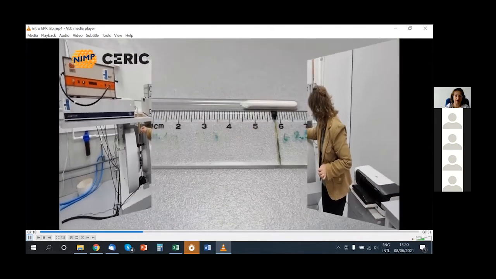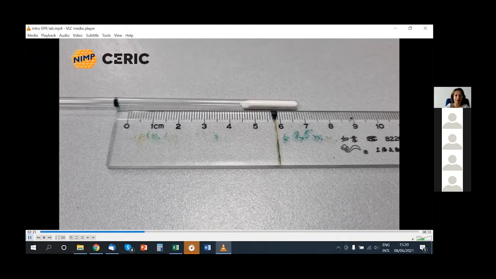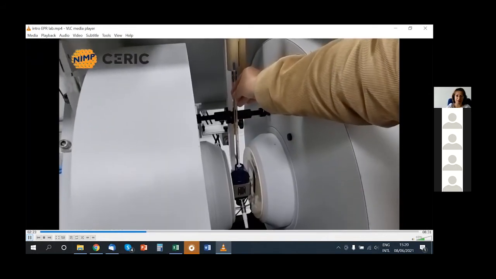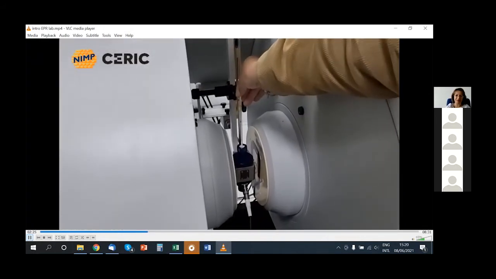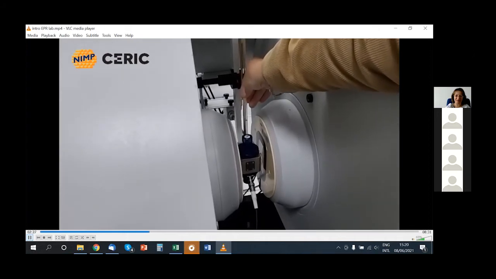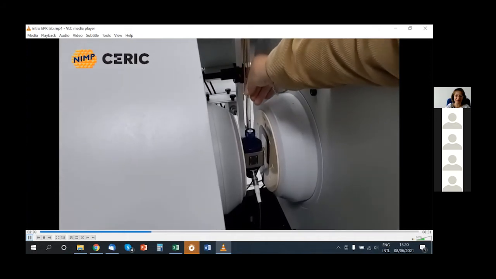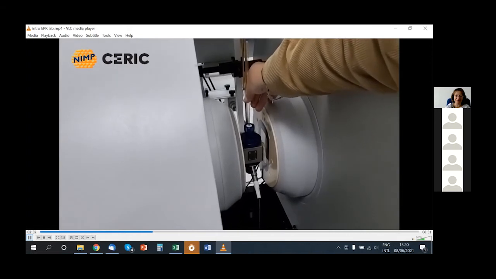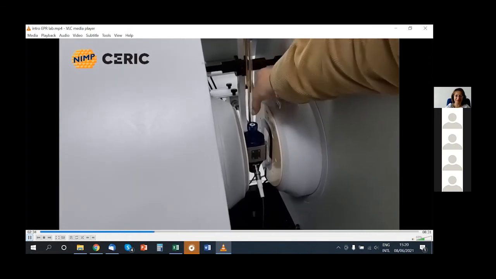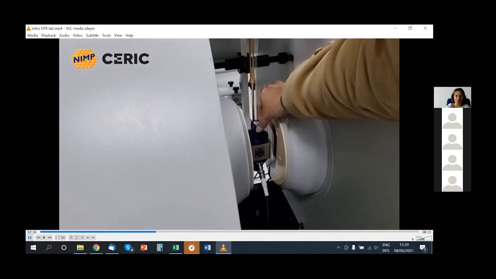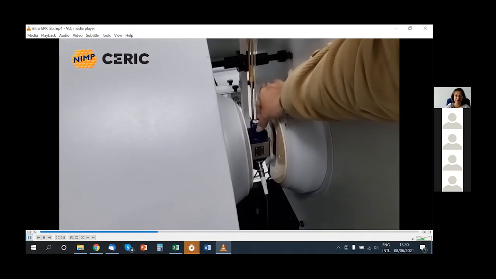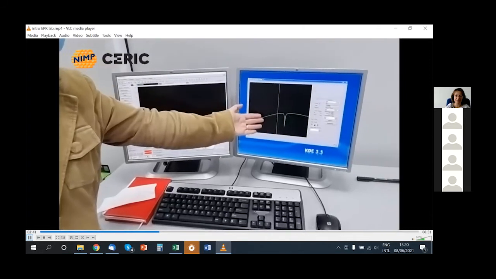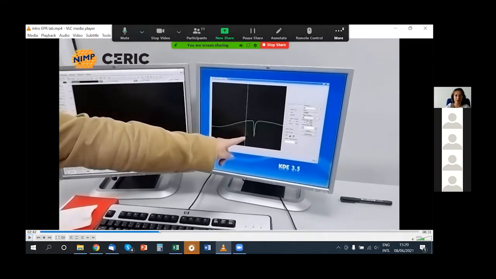We have to be very careful to have clean tubes and to not break the tube by inserting it. So now the dip of the cavity moved. It means the frequency changed.